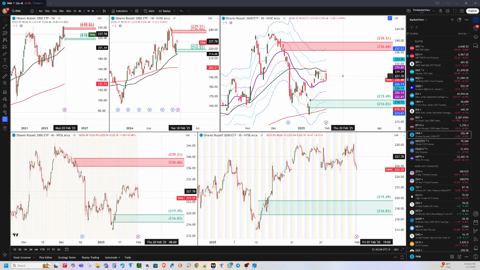So these are the key price levels which I am looking at right now on S&P, Nasdaq, and also Russell and Dow Jones DIA.